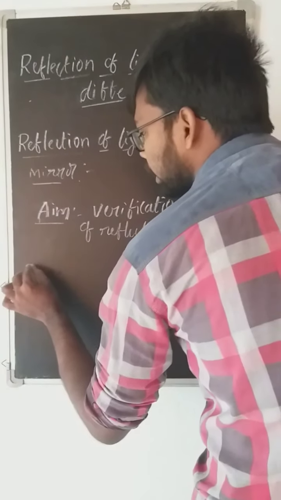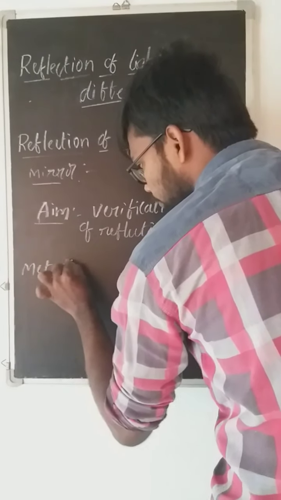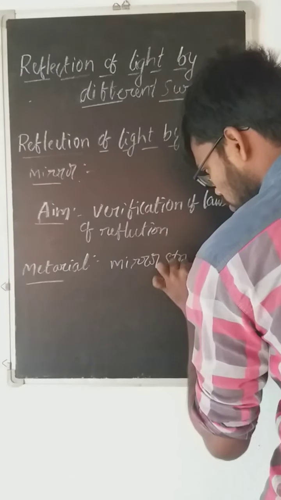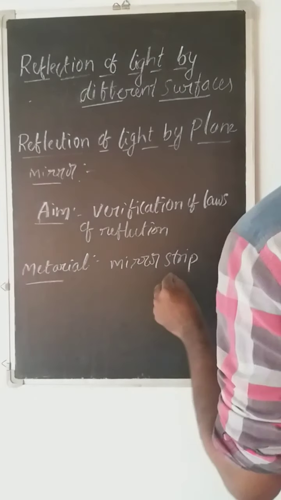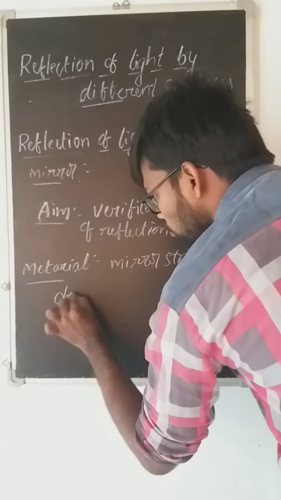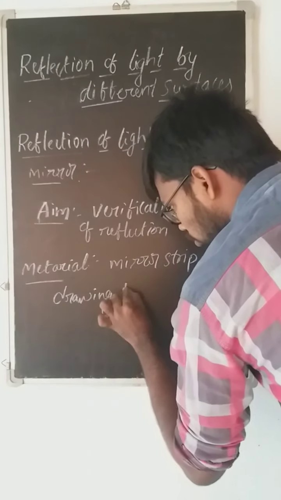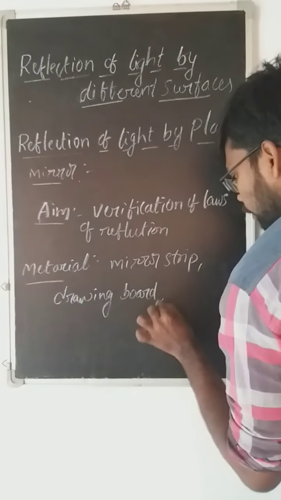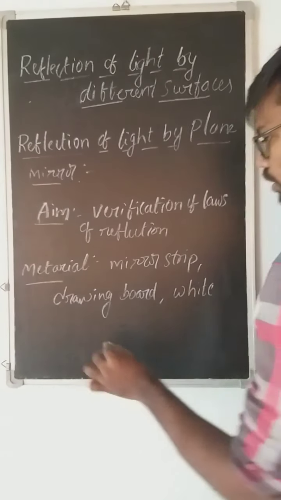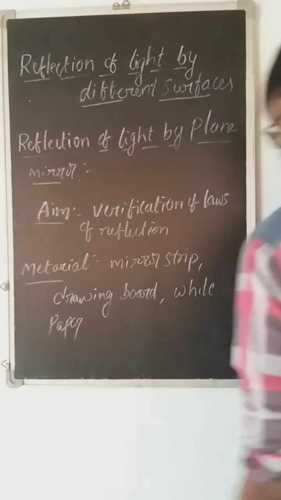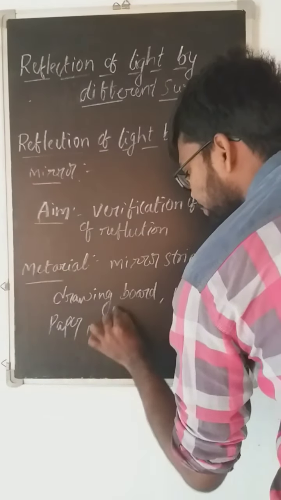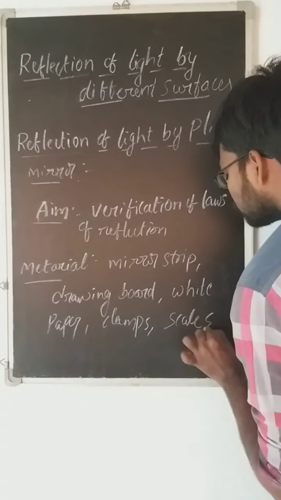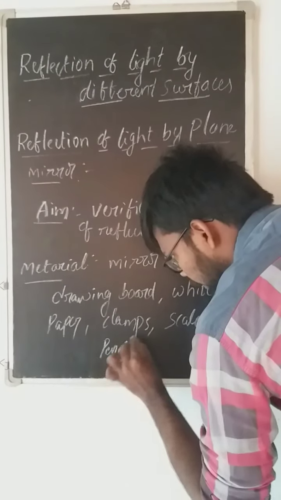For this, we need to consider a few materials. The materials required are: mirror strip, drawing board, white paper, clamps, scale, and pencil.